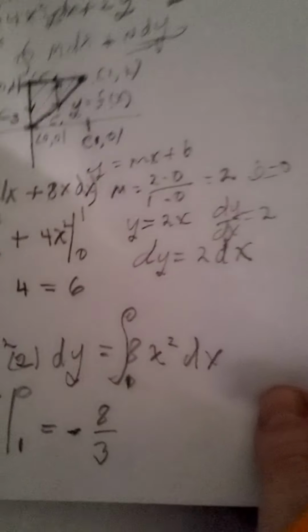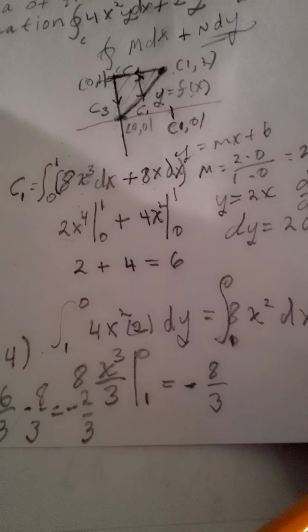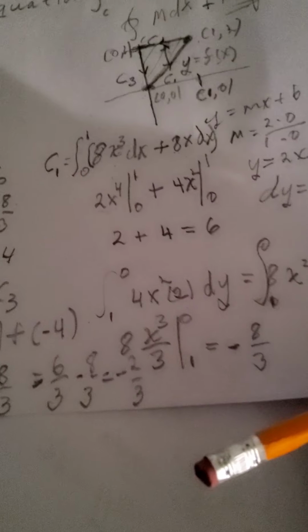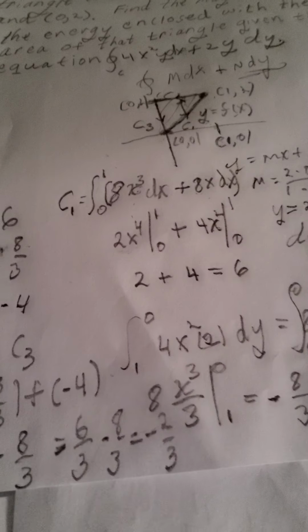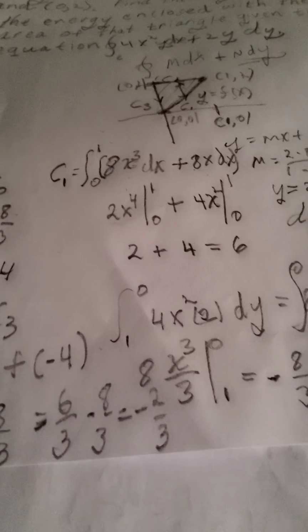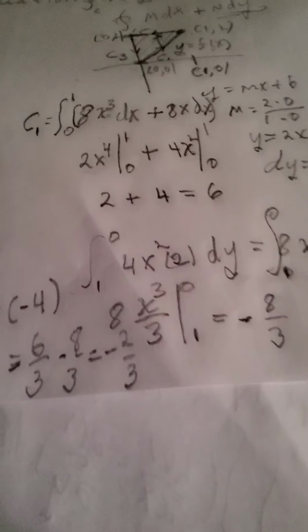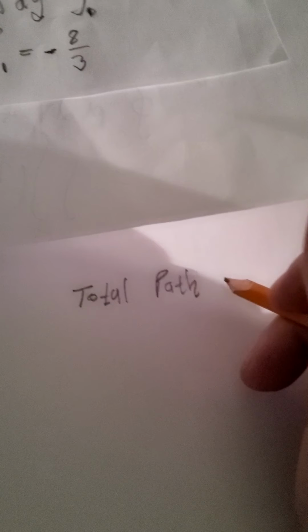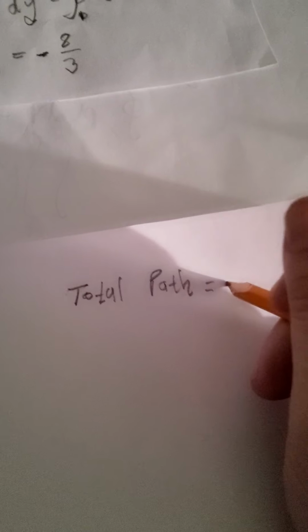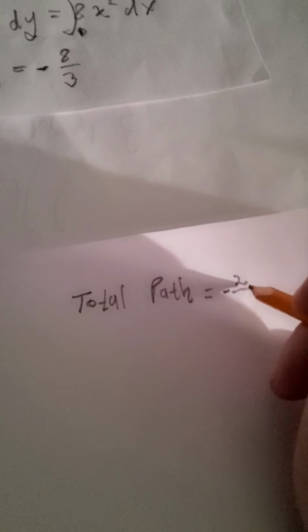Going around, I will get a negative 2/3 for an answer. So I write that down on a clean sheet of paper. I will have the total path I figured out the long way as equal to negative 2/3.